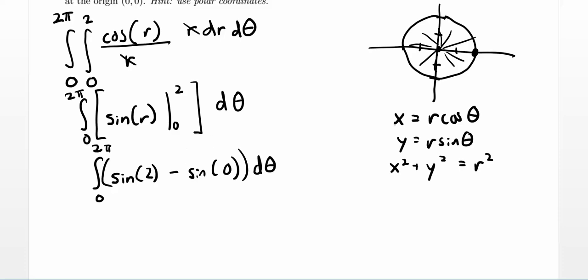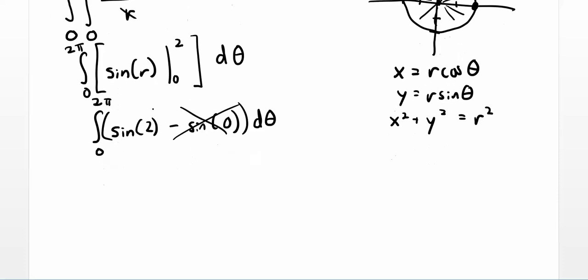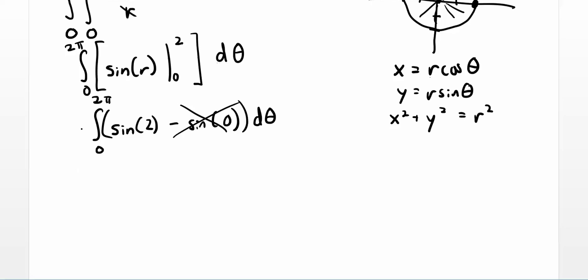Sine 0 is just 0, and then we're going to integrate sine of 2, which is just a constant. We could pull that out if we wanted to. Let's do that. Sine of 2 times the integral from 0 to 2 pi of d theta.